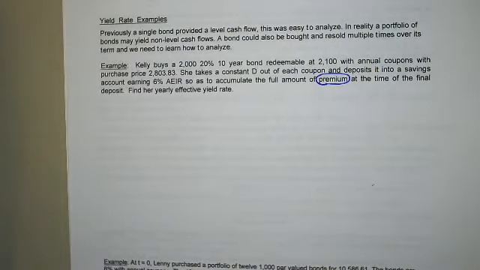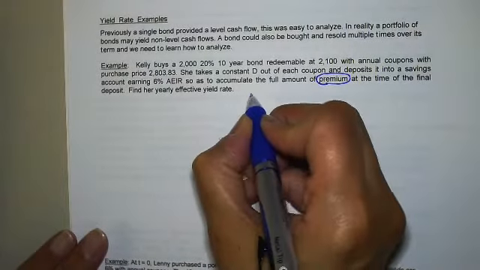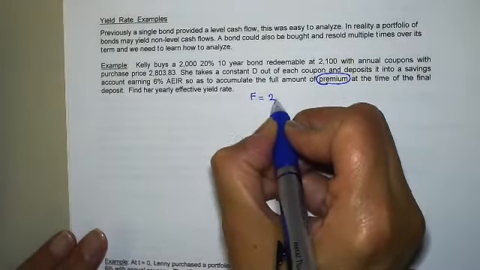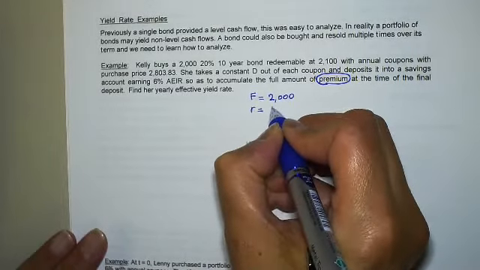Find her yearly effective yield rate. We have two ways to do this. Do you want to try this yourself? He's using a sinking fund to accumulate the premium. Only the premium, which is a difference between the price and the redemption. You try. And then we'll do it.